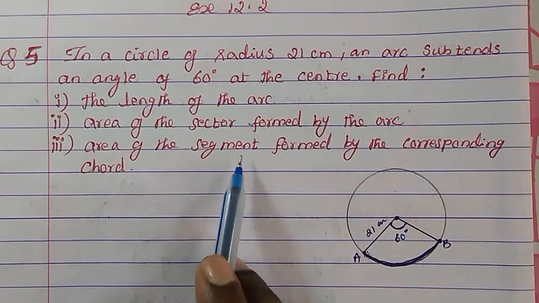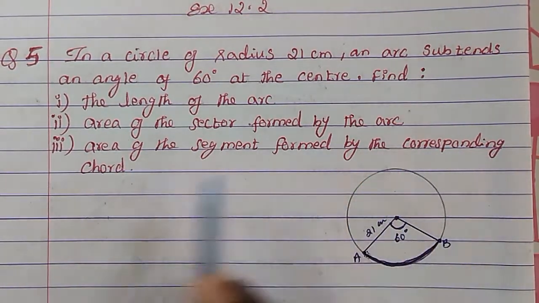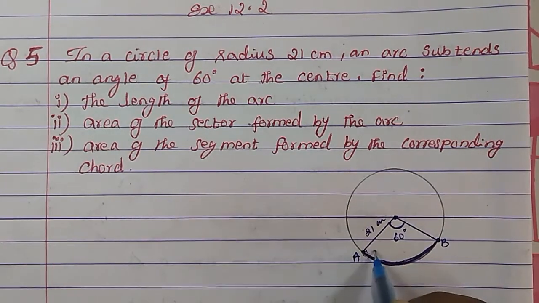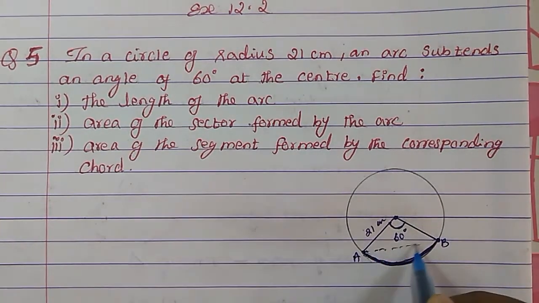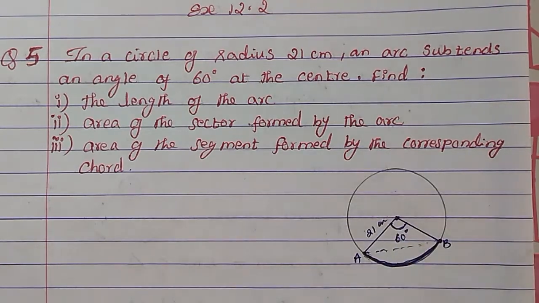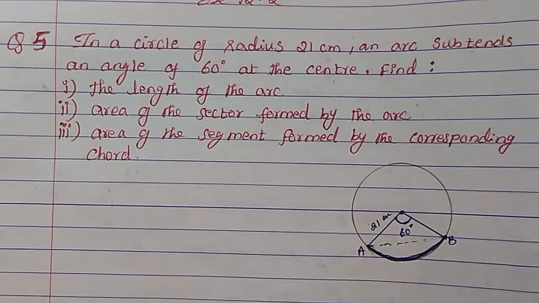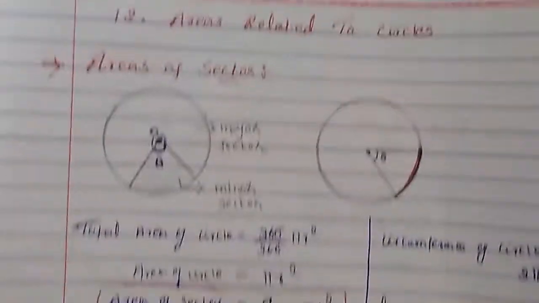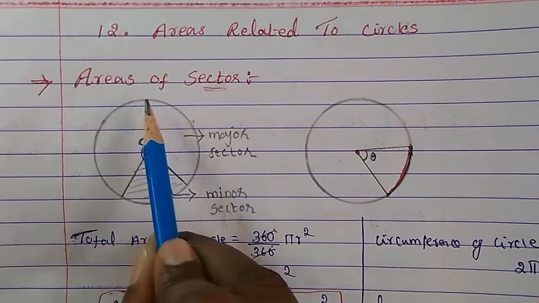Then area of the segment formed by the corresponding chord. So if the arc is here, then the corresponding chord will be here. And this is called segment, minor segment, major segment. This also I have explained to you in the introduction part, in this chapter, areas related to circle. I have explained the area of sector.